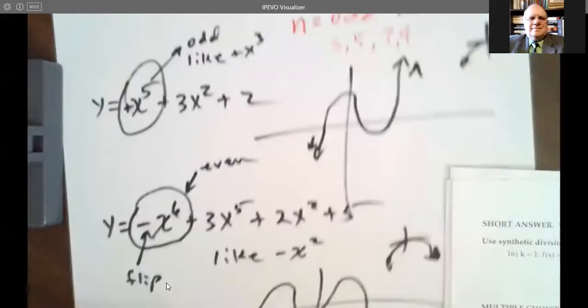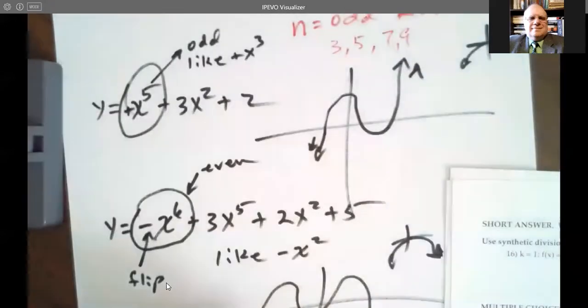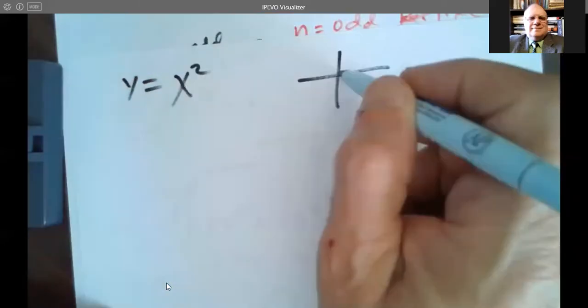Let me draw this larger. Y equals positive x squared looks like this.